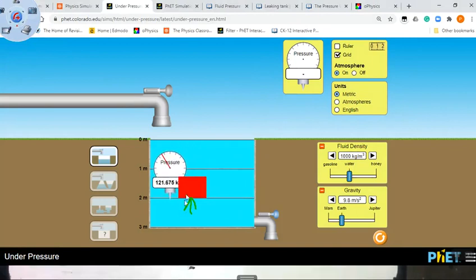So it's not just pressure downwards, it's pressure in all directions. Whether it is up, to the right, to the left, or downwards, everything on that specific level, on that line, we have the same pressure in all directions.